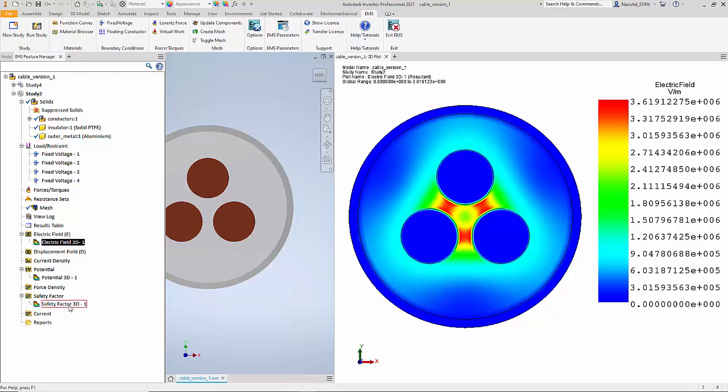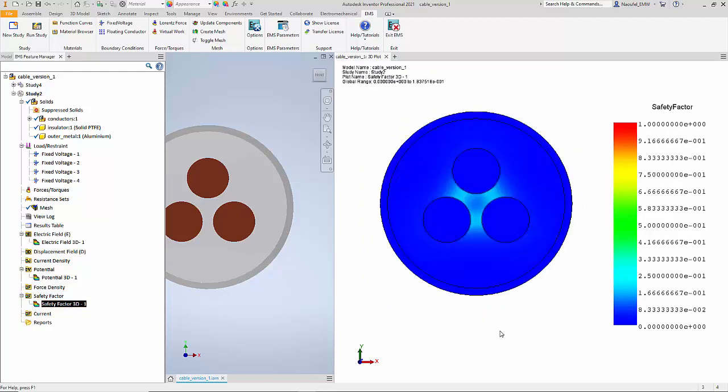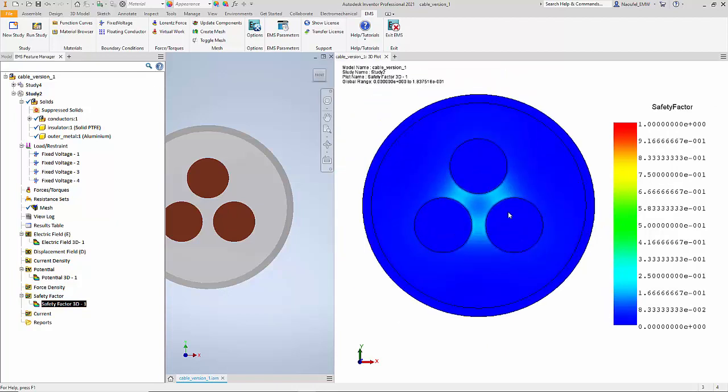This is illustrated by the safety factor plot. Here, the safety factor plot shows you which areas are vulnerable for breakdown. You can see that most of the areas are either in the dark blue or in the light blue section.